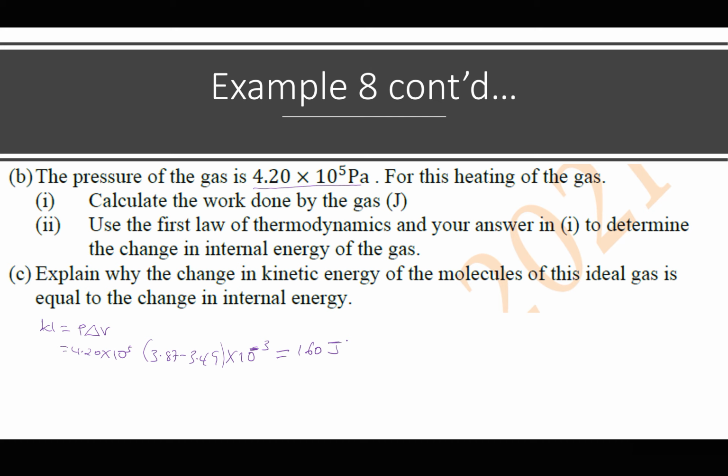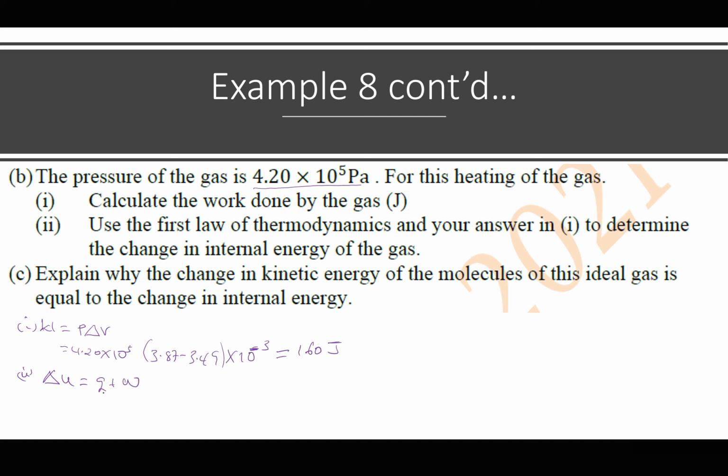160 joules. Use the first law of thermodynamics and your answer in Roman 1 to determine the change in internal energy. We shall see this in our next unit, but for now, for completeness, the change in internal energy, delta U, is equal to the amount of heat supplied plus the work done. We are going to see some sign conventions.